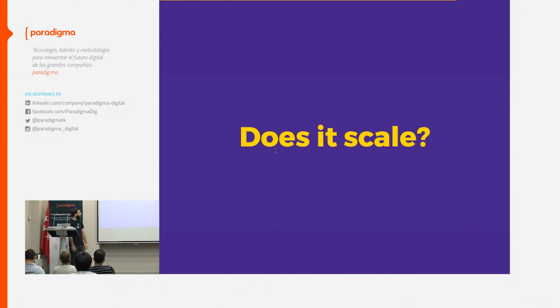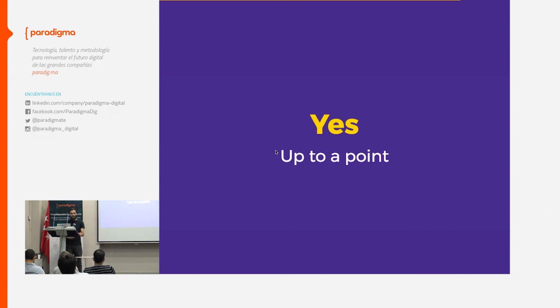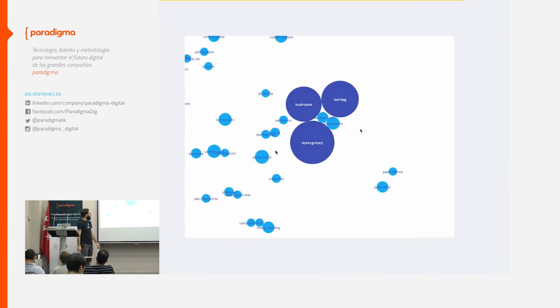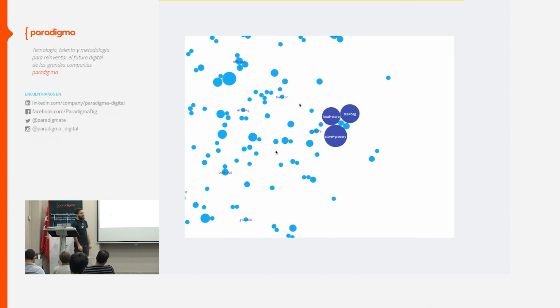So how does it scale? Yes, it does scale, but it has a limit. It does not go forever. For example, this chart that I've shown you before is actually not built this way because there are too many points.